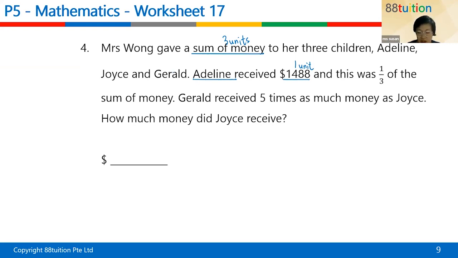G, okay, receives 5 times as much as Joyce. How much money did Joyce receive? That is the question. Okay, so you can see from here that if you were to use model drawing, it helps.